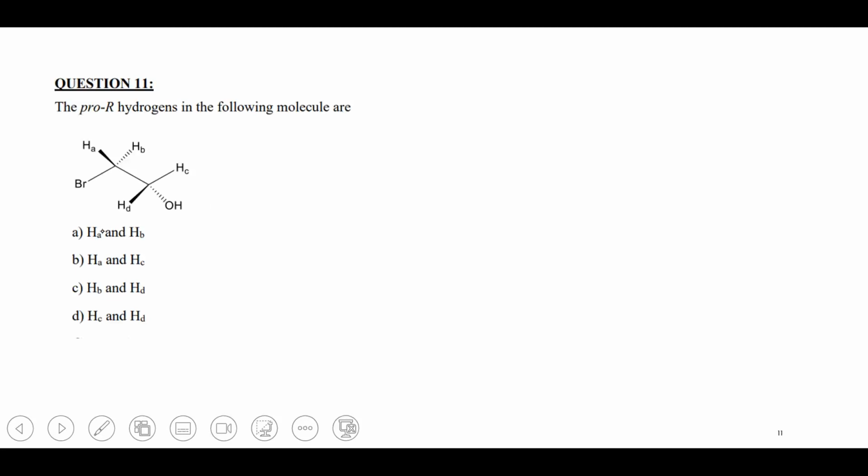The next question is: the pro-R hydrogens in the following molecules are... We just need to identify pro-R. What is meant by pro-R?